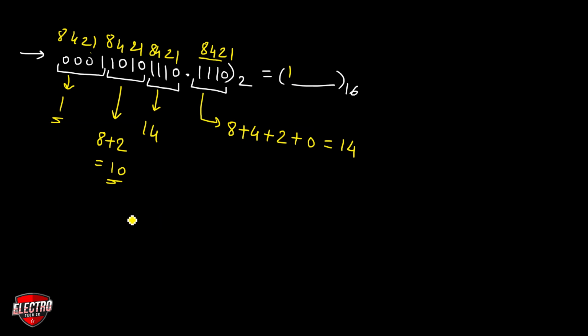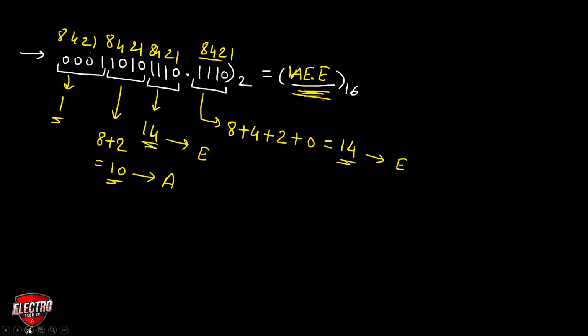We don't have a value in hexadecimal for 10, so it is equivalent to one alphabet, that is A. Okay, so second is the alphabet A. Third, for 14 we have the alphabet E, so third digit is E, and after the point we have again one value, that is 14, and it is equivalent to E in hexadecimal number, so point E. This one is the final answer of the given question. Clear? And that is very easy.